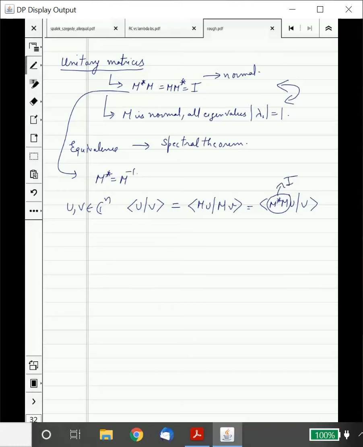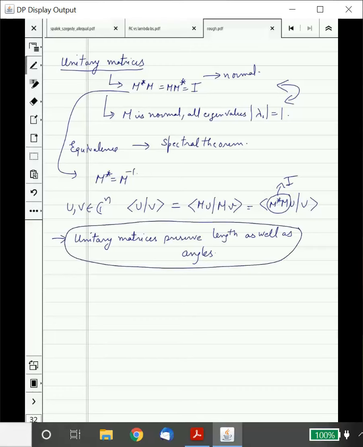This tells us that unitary matrices preserve length as well as angles. This is very important because the inner product is preserved. That means the length of any vector and the angle between two vectors are all preserved by unitary matrices.